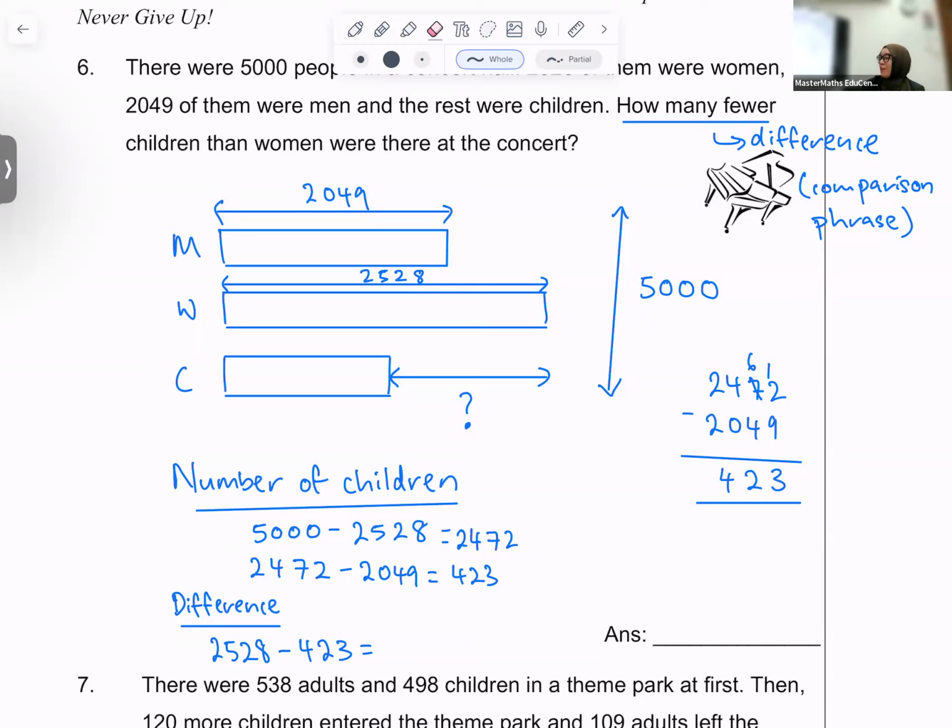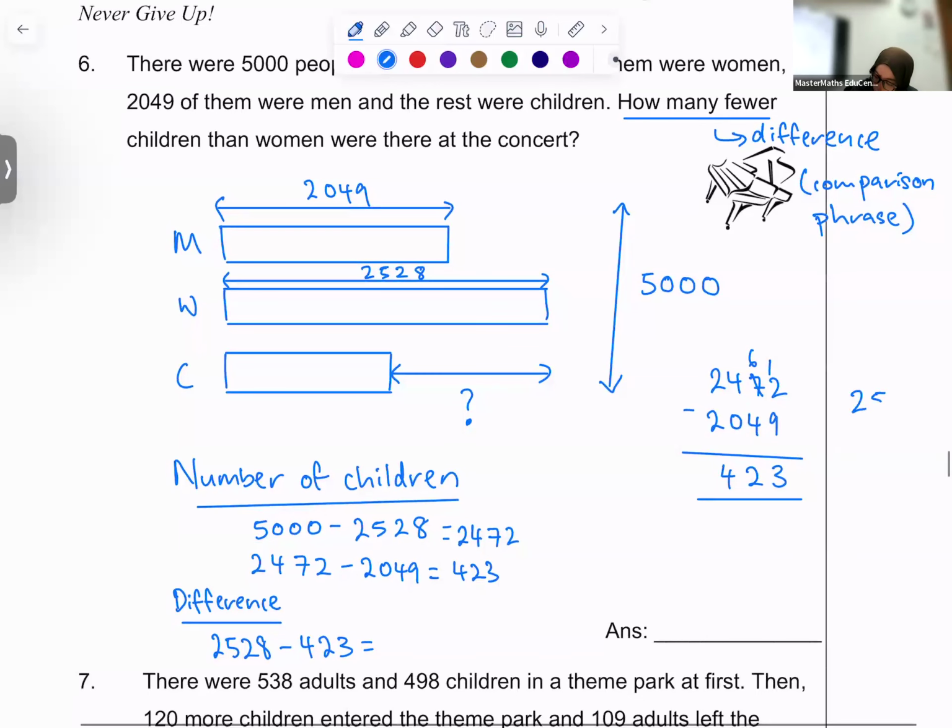2,528 minus 423. Okay, let's work it out together. 2,528. Yes, can. Minus 423 equals.